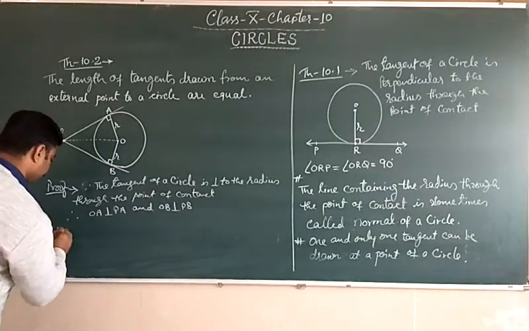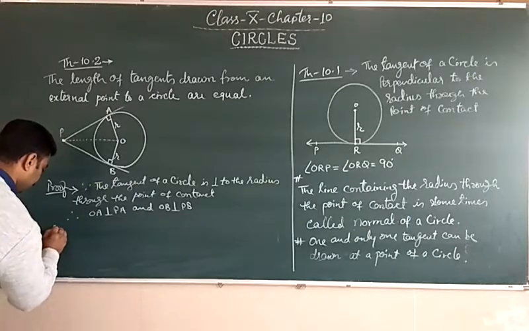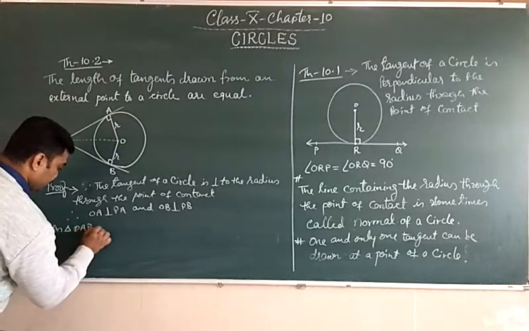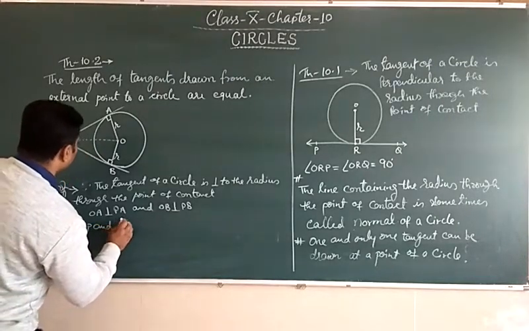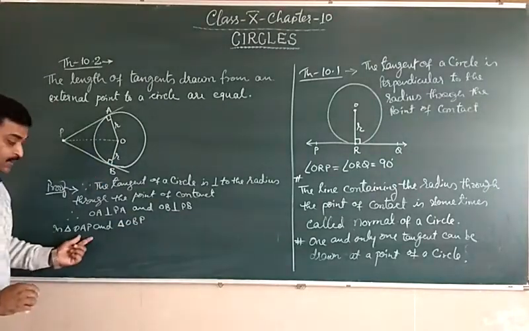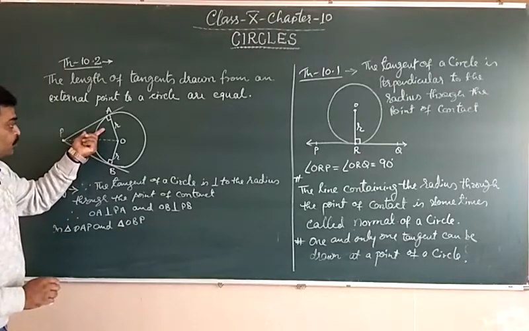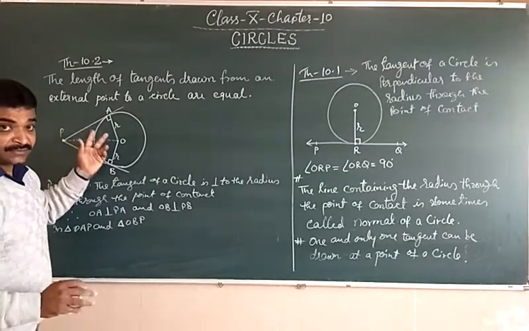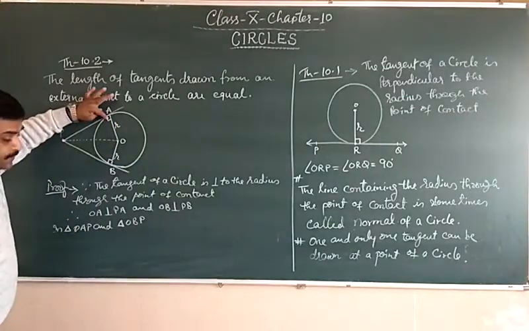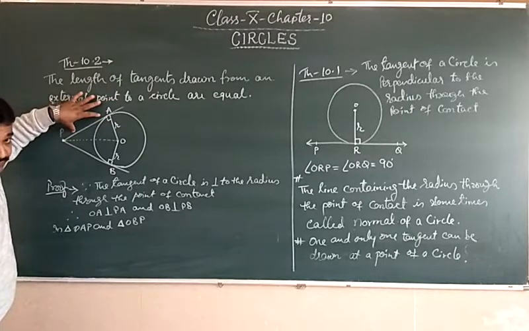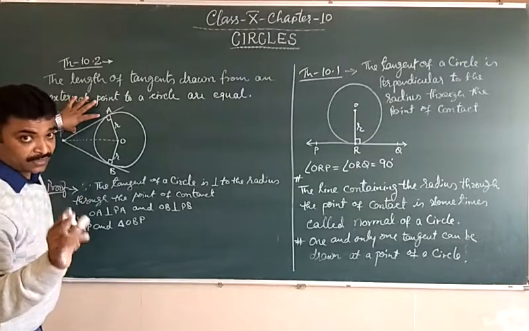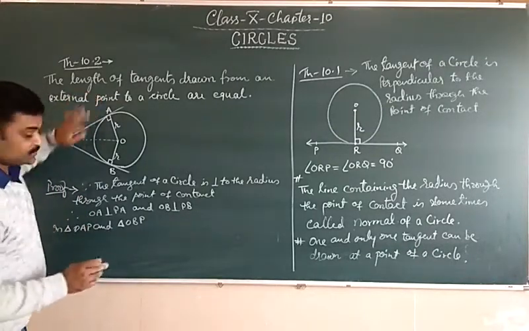Clear? Now, in triangle OAP and triangle OBP, in triangle OPA, if we apply the Pythagoras theorem, what happens? See here, 90 degrees, that means OP is the hypotenuse and these are the two sides.